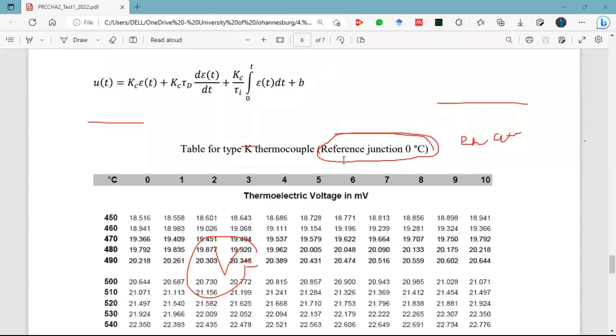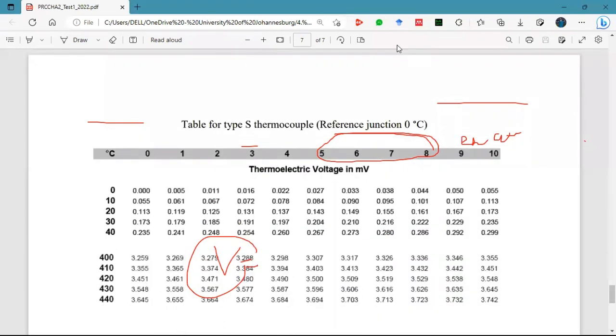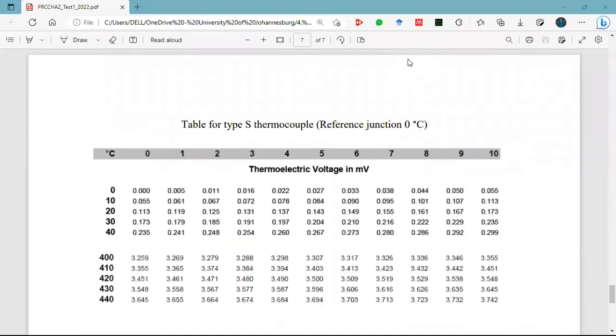I think all your tables here are 0 degrees. So you can't just take a value found from a 25 degree reference temperature and use it on this table. Your volts first need to be adjusted to fit this 0 degree reference temperature table. Do you get it?